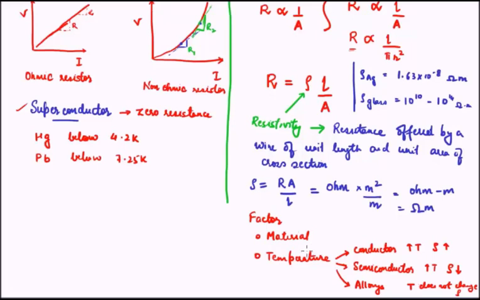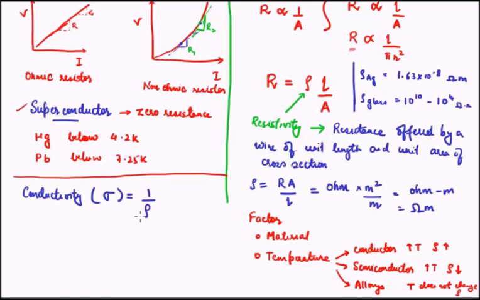Now let's touch upon another concept which is parallel to resistance, conductance. Since there is a resistivity, there ought to be a factor called conductivity. Basically, conductivity is the opposite of resistivity, and conductivity is denoted by sigma is equal to 1 upon rho.